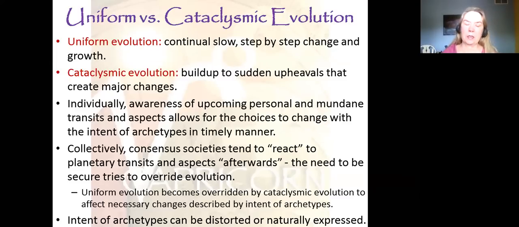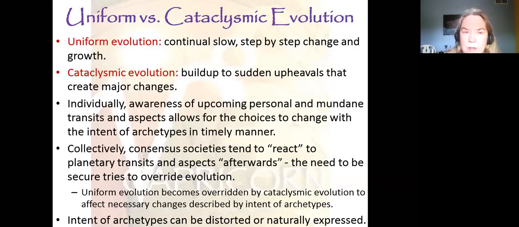This is basically when there's a resistance to change and growth, and that energy to evolve builds up until it overtakes the resistance, and it tends to create upheavals that really bring a change of events. In Earth, we can look at it as earthquakes, but as human beings, it can be that divorce, it can be the loss of the job, it can be all kinds of different things that can happen in our life.